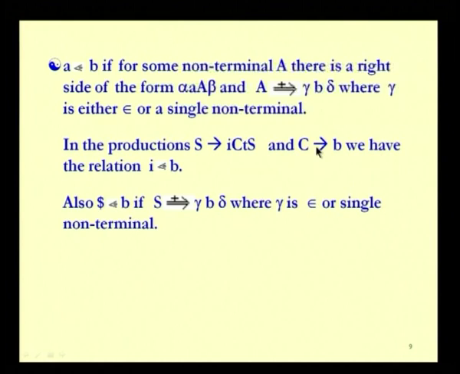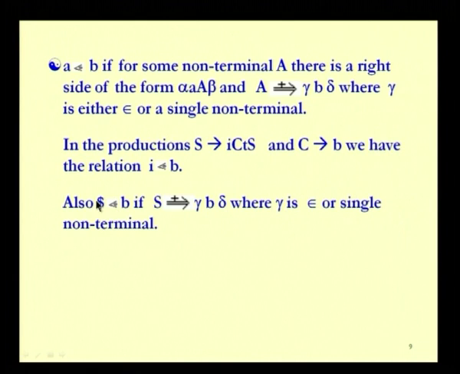Now, how are we setting the relation? To set the relation here, we will be having this I, and it is to be related with all the first terminals from C. The first terminal from C, here it is going to be b. So, I is precedentially less than b, and that is going to be true for even dollar.